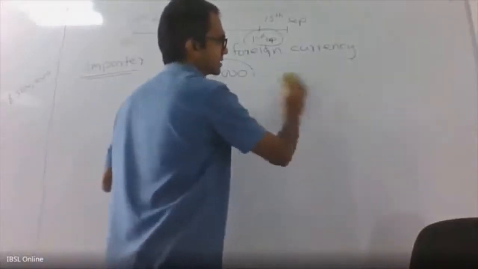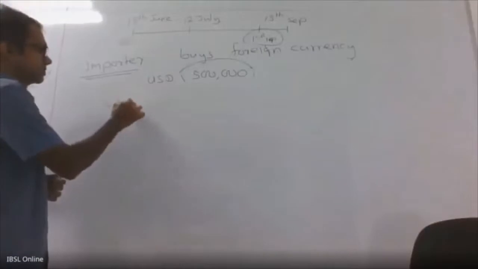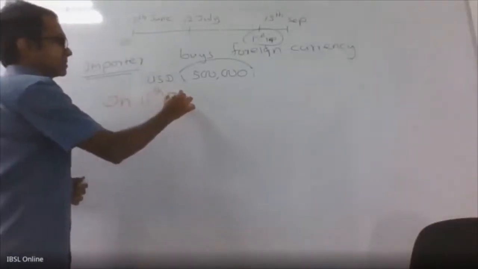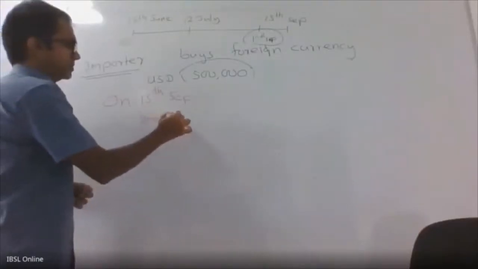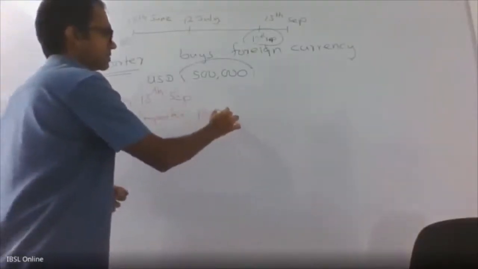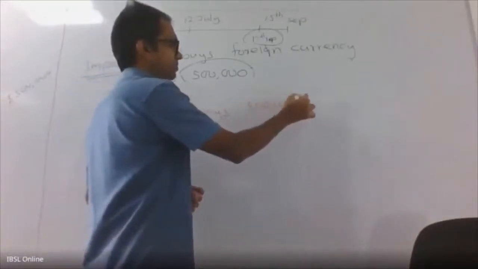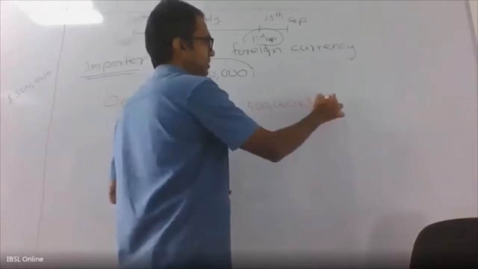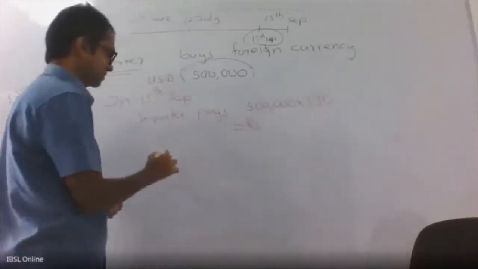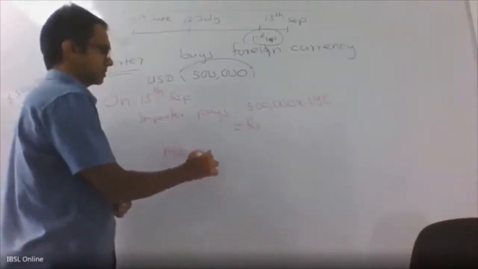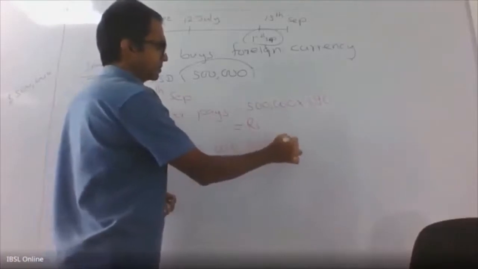A transaction exposure. Then what do you do on 15th September? Importer pays how much? $500,000 into 190 rupees and receives USD 500,000.